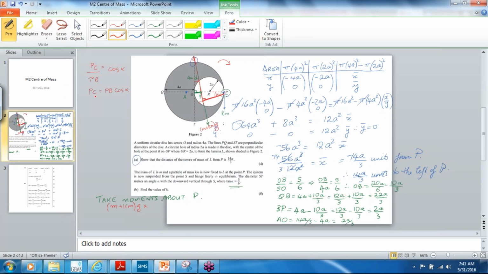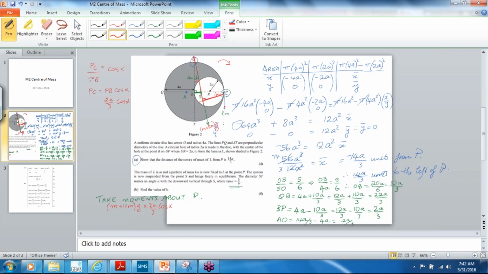Okay, so we want PB, 2A over 3, cos alpha. So that's the distance, 2A over 3 cos alpha. Okay, now that's the clockwise.